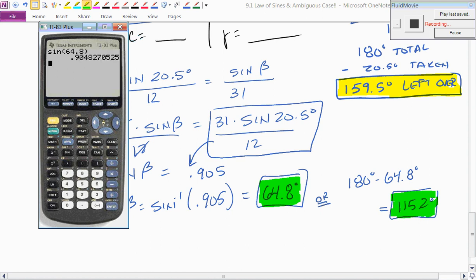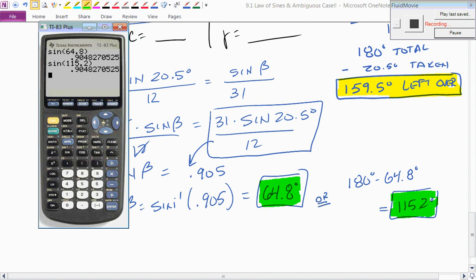There's that 0.905 again, right? But check this out. If I also take the sine of 115.2, I get this same number. Why did the calculator spit out 64.8? The calculator gives you the angle in the first quadrant. The 115 is the angle in the second quadrant, isn't it? It's past 90.